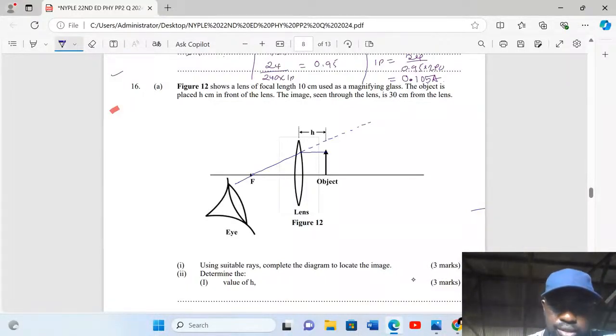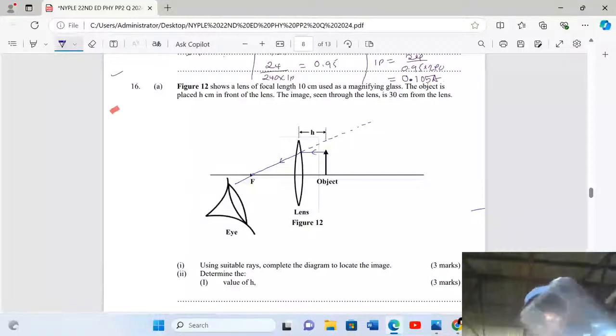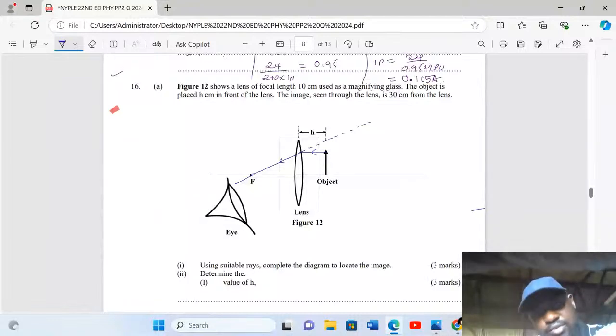Then you show the direction of the ray, that moves in that manner. The second ray is a ray that is passing through the optical center and it goes through undeviated.